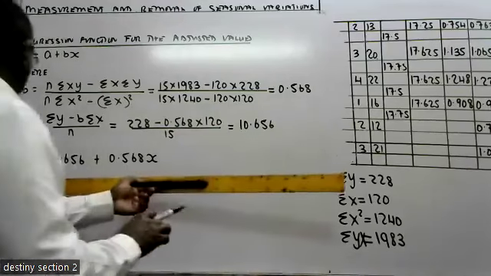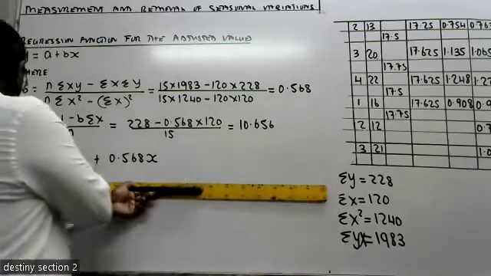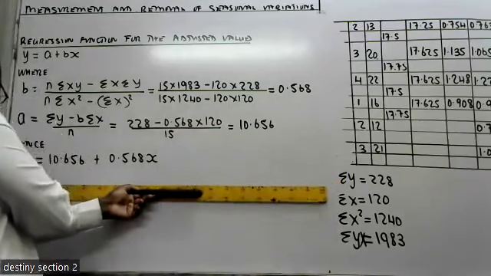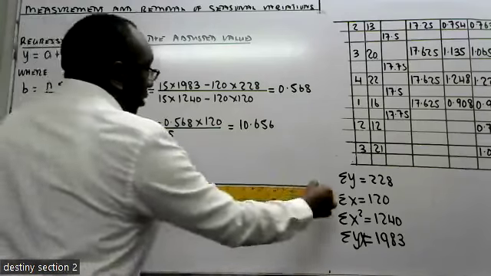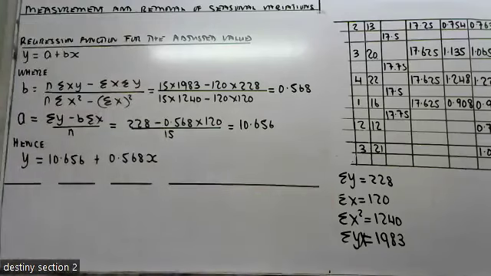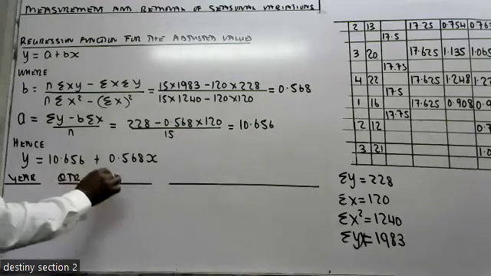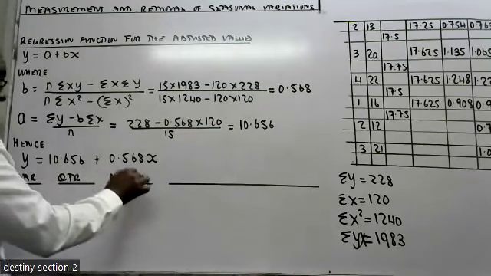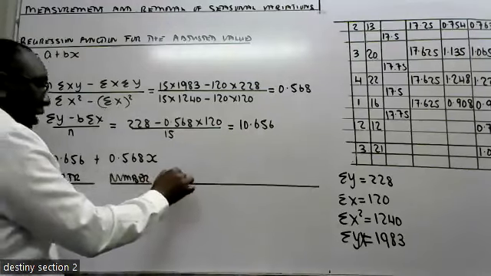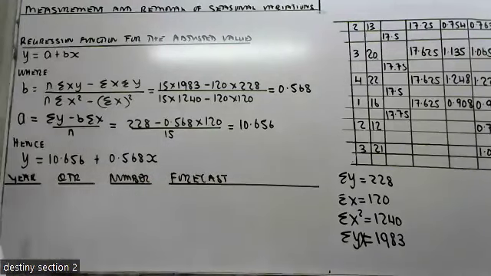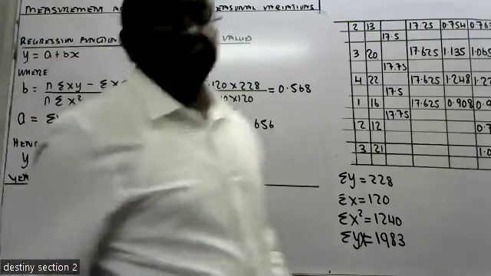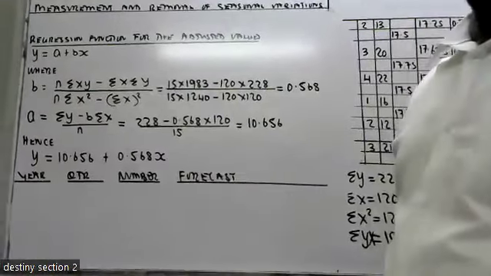So if you are told to predict, we have the year here, we have the quarter, we have the number, and then we have the forecasts. Now the forecasts, we are told to predict.